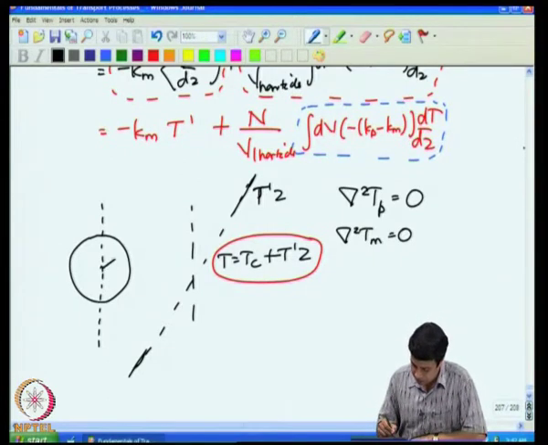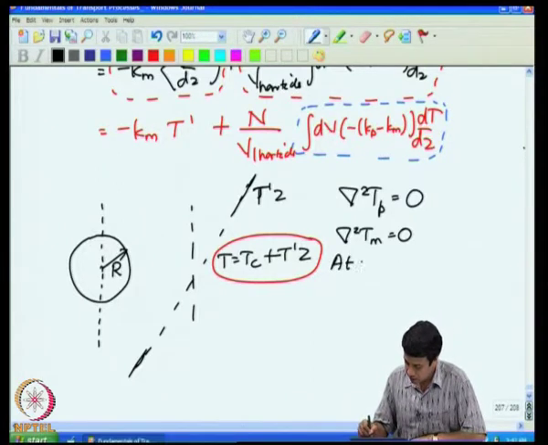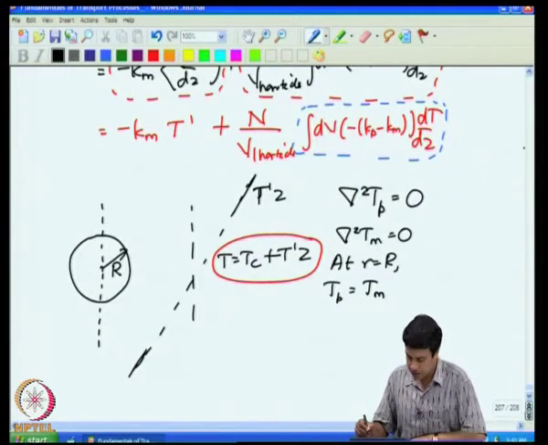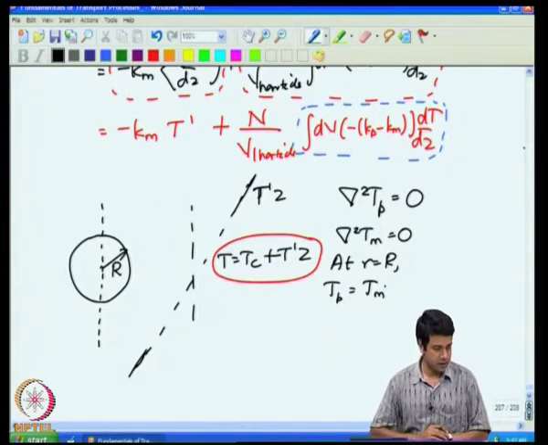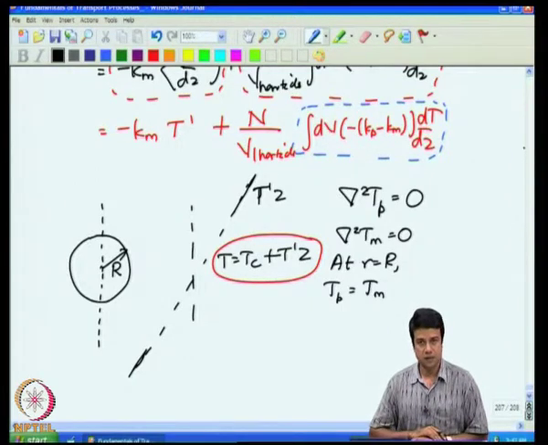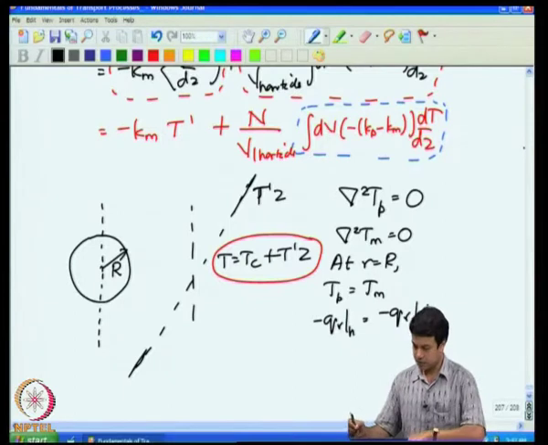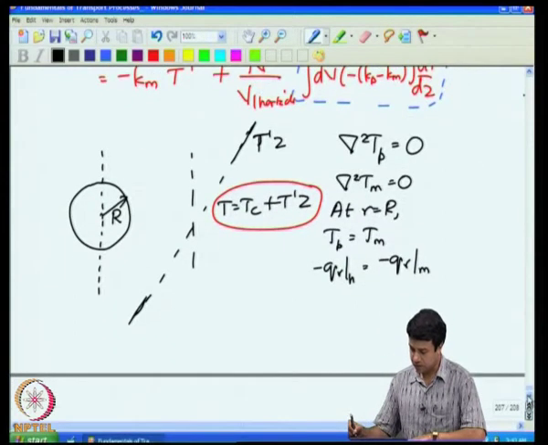So, if I choose the particle radius as R, then at r is equal to R, T particle is equal to T matrix. So, I require that the temperatures in the particle and the matrix phase are both equal. Also, the heat fluxes normal to the surface have to be equal. Minus q_r in the particle is equal to minus q_r in the matrix. So, the heat fluxes in the two phases have to be equal.